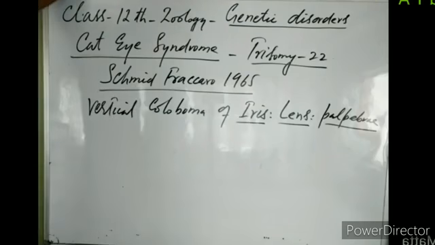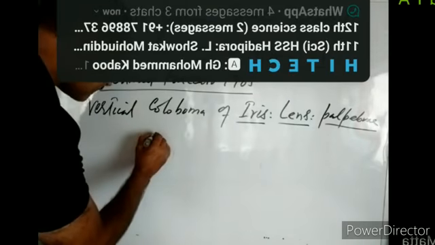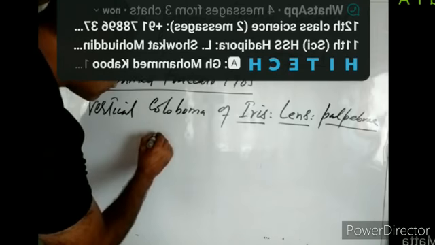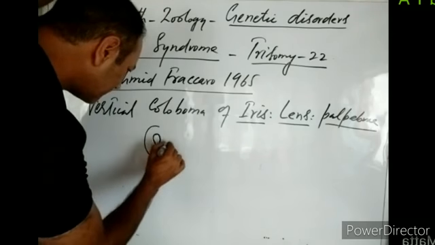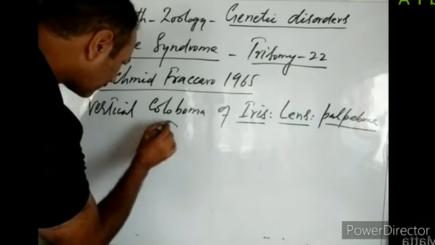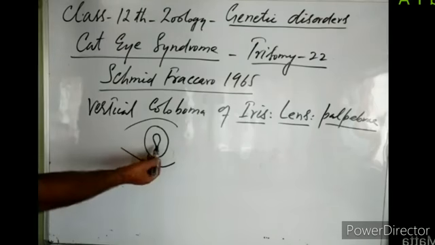These persons have a vertical cut in their iris. If this is the eye, in the iris of the eye they have got a vertical cut.